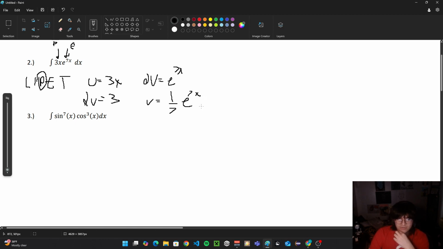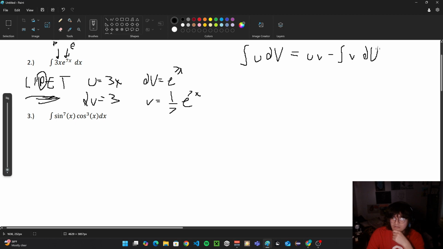So in order to do this, we have to know the formula for it. It would be the integral of u times dv, where our u is 3x, and our dv is e to the power of 7x, is equal to u times v minus the integral of v times du. So we know our u and our dv and our du and v, so we can just plug in.